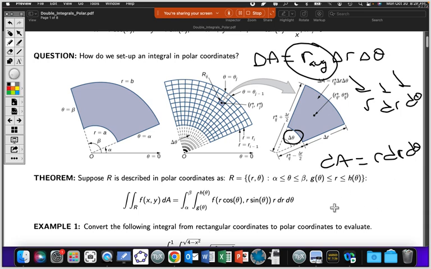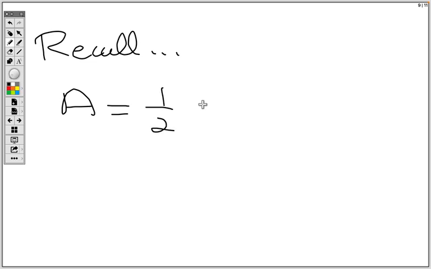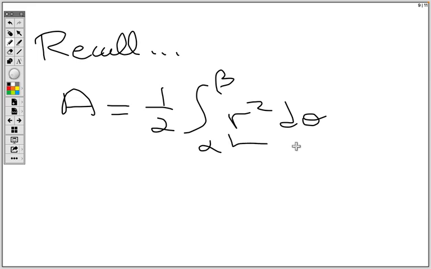Now to take this back to something you might remember, you might remember the area formula back from Calc 2 or AP Calc was this, right? So you might remember this formula.